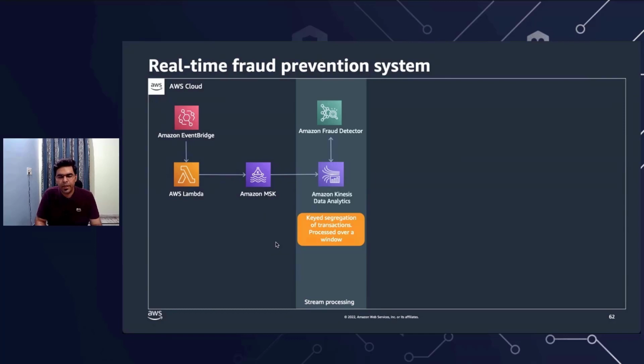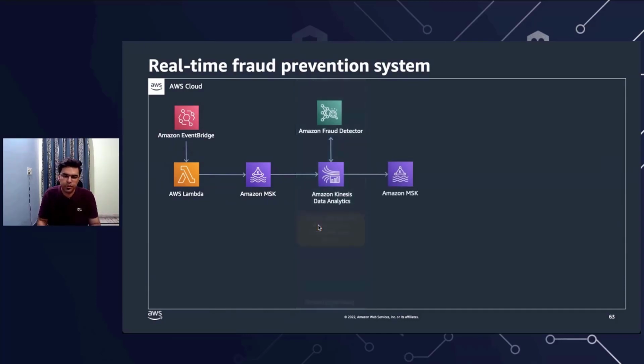Now, once we have that batch created, you can ship it through a user-defined function and engage something like Amazon Fraud Detector to detect if the transactions in that batch are fraudulent or not. And the service then responds back to Flink, and Flink gets an enriched response for the particular batch, and then the batch for that window is sent to the sink of our choice.